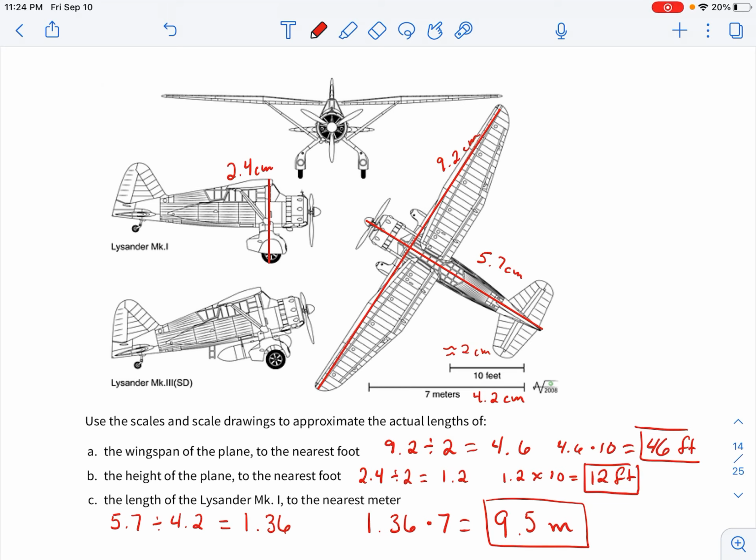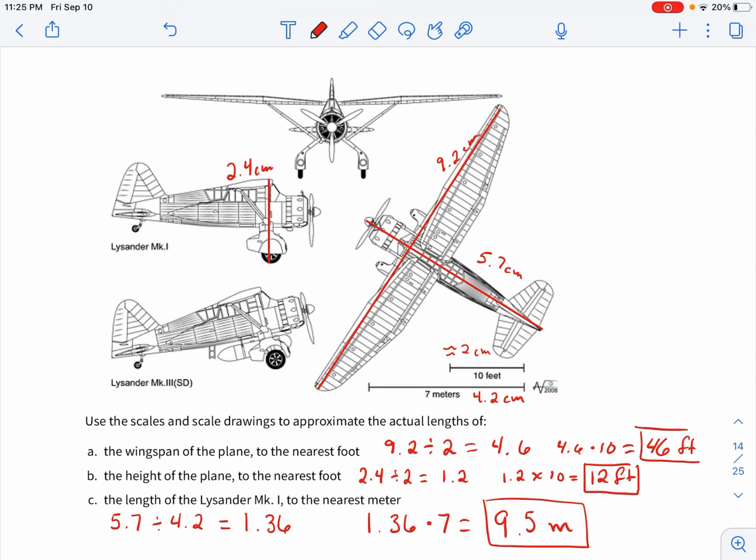Okay, and last, it's asking for the full length of the plane. So once again, it wants it in the nearest meters, so I have to use the meters scale. When I measured that 7 meters, it came out to be about 4.2 centimeters. Then I measured the full length, it was 5.7 centimeters.